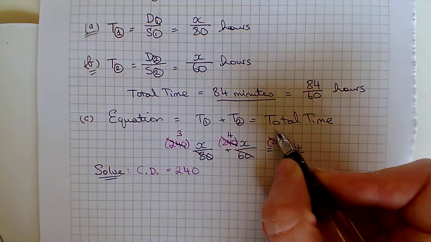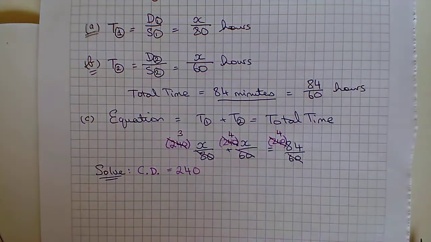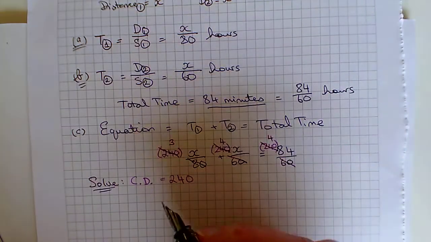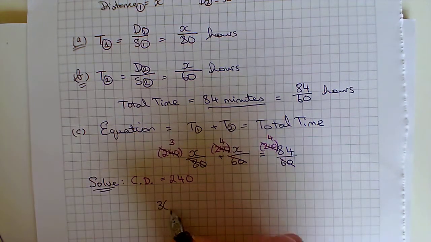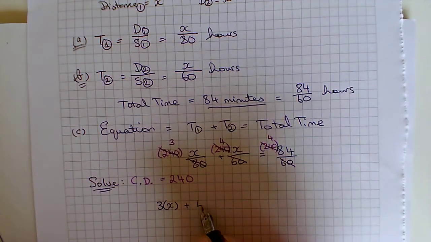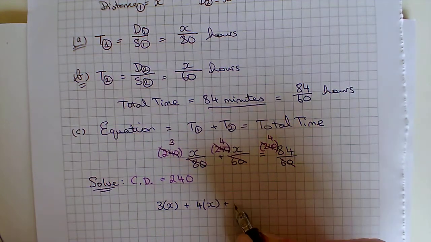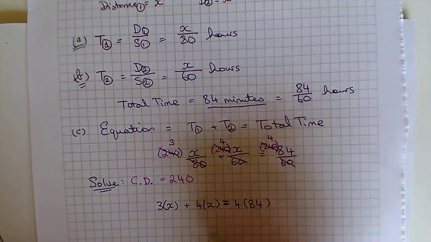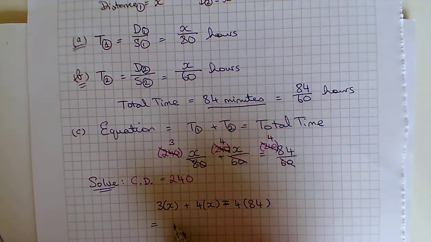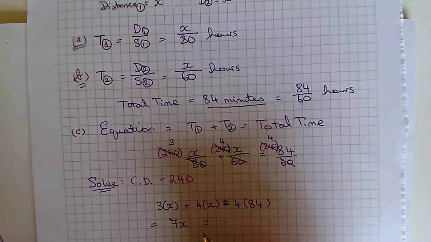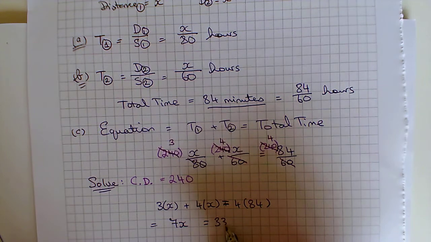And 60 divided into 240 goes 4 times, which means what we're actually trying to solve is 3 multiplied by x plus 4 multiplied by x equal to 4 multiplied by 84. So that's 3x plus 4x is 7x, and 4 times 84, I can't do that one in my head, is 336.